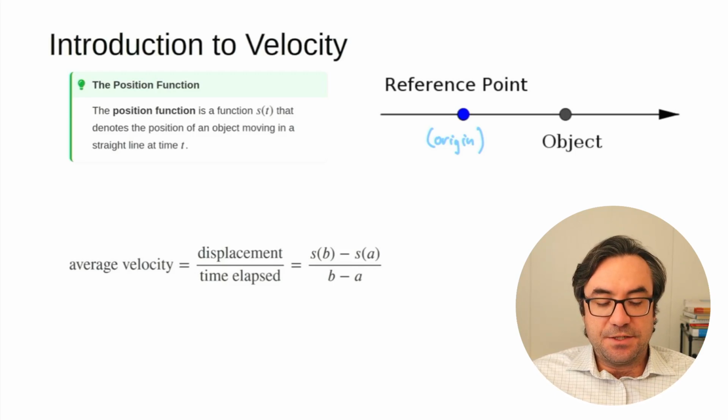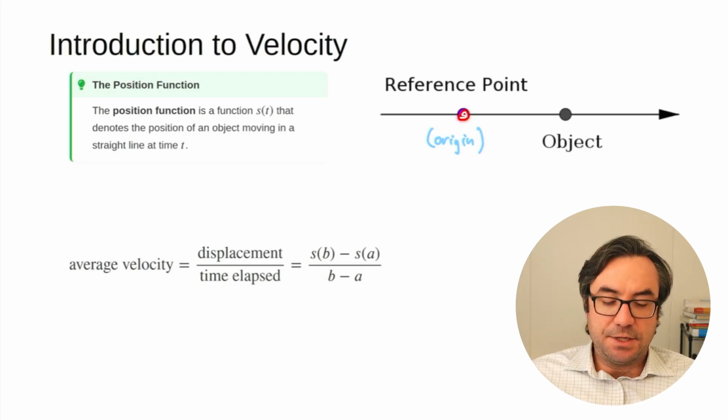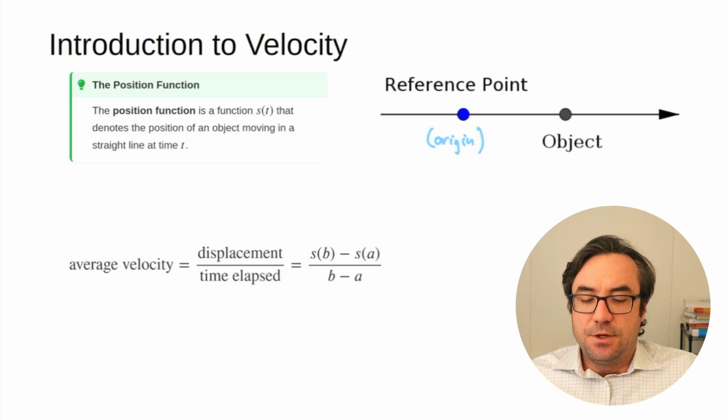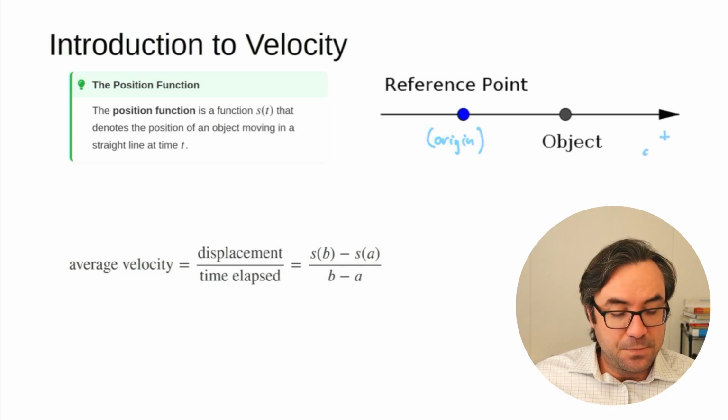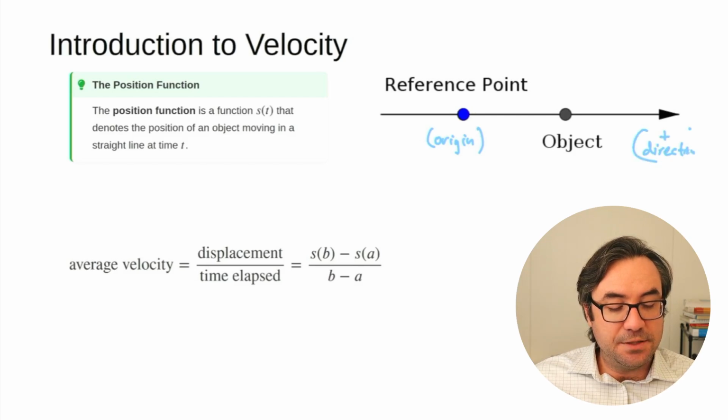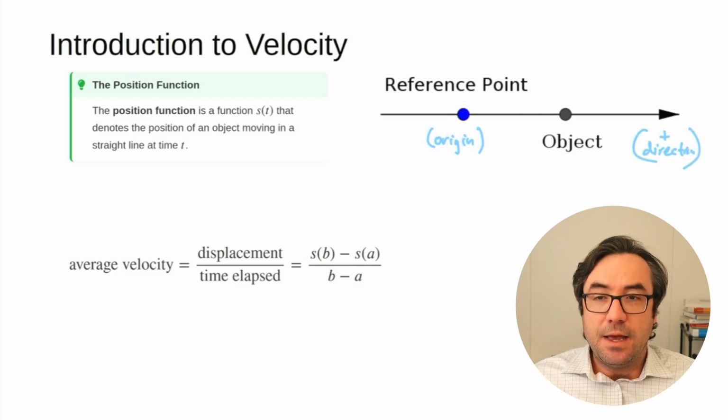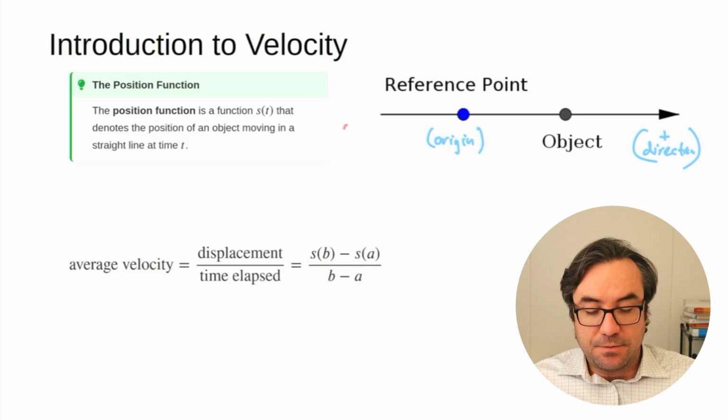And when we do this, we have our reference point, normally the origin, and then there are two directions. Normally we make one of them the positive direction. A lot of times that's to the right, but not always, or up. And then there's also a negative direction.